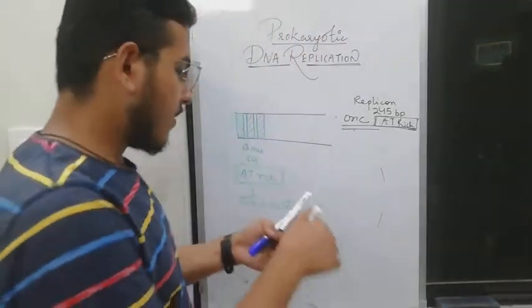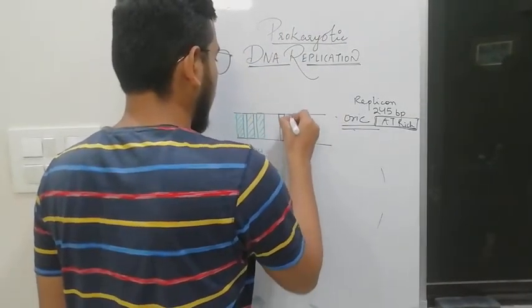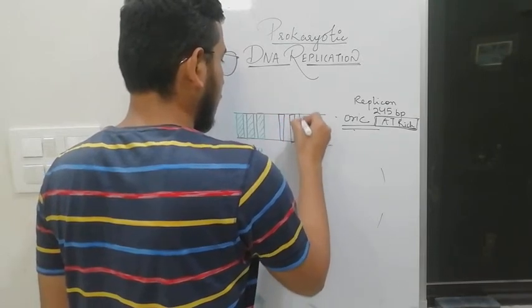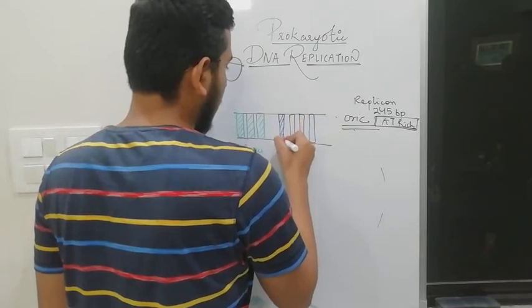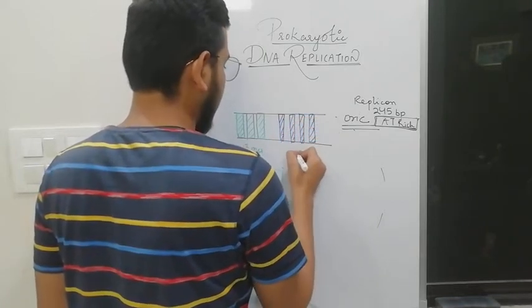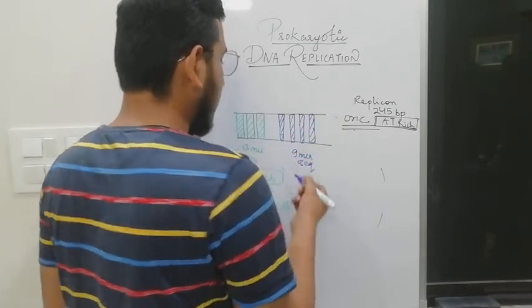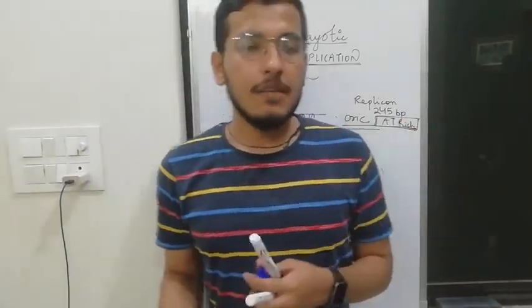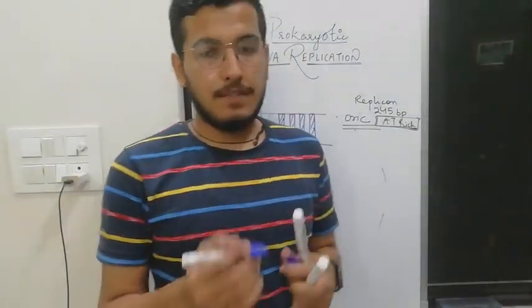Now we have four sets of 9-mer sequences, 1, 2, 3 and 4, for the binding of the initiation complex.